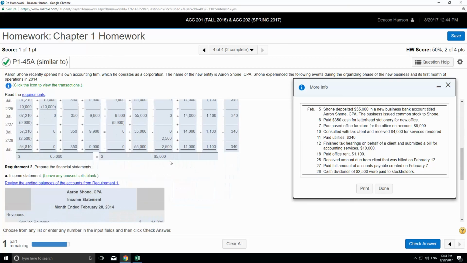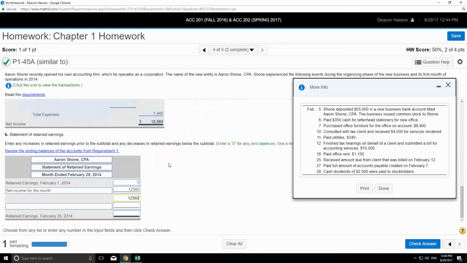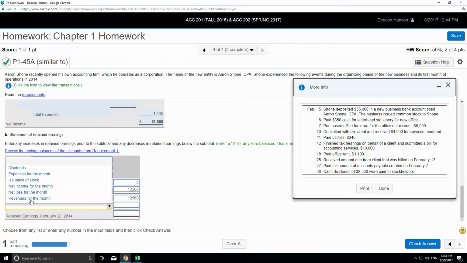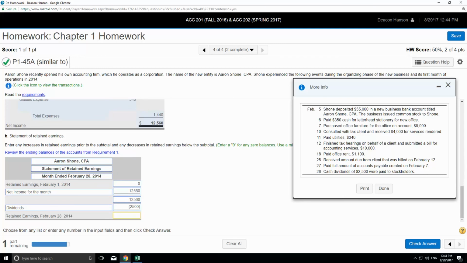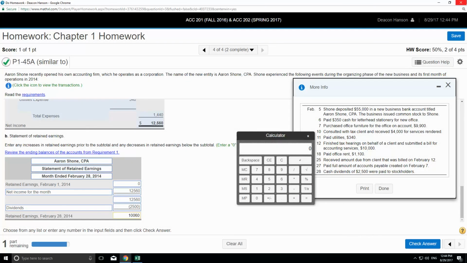Yes, a dividend of 2,500. So we're going to subtract dividends of 2,500. So we'll have 10,060. Does that line up? If in doubt, use your calculator. Parentheses are throwing my eyeball. Yeah, okay.